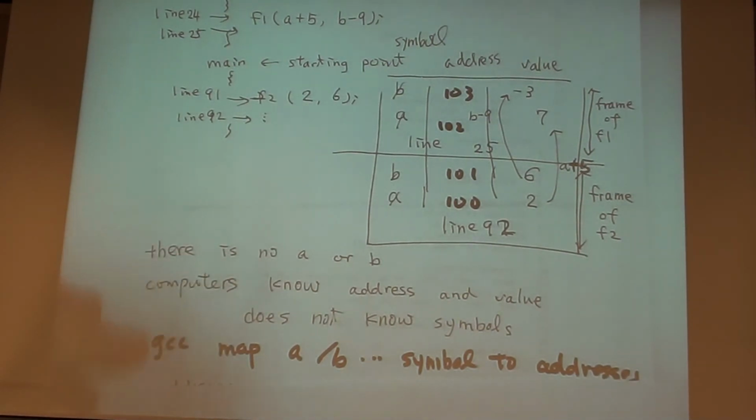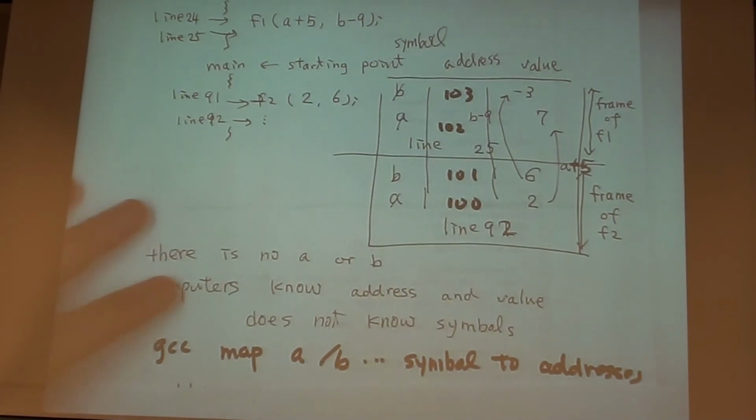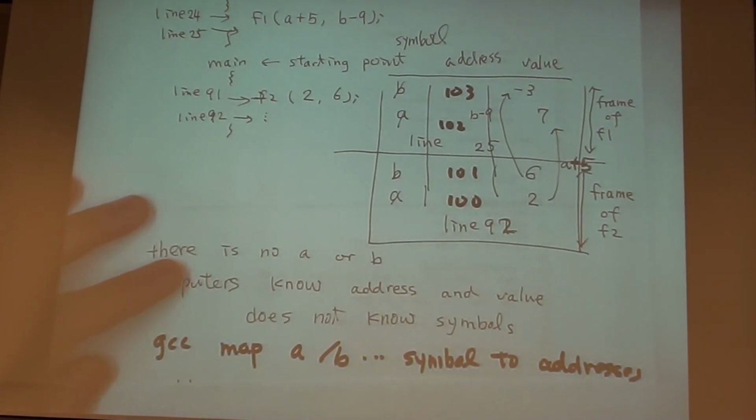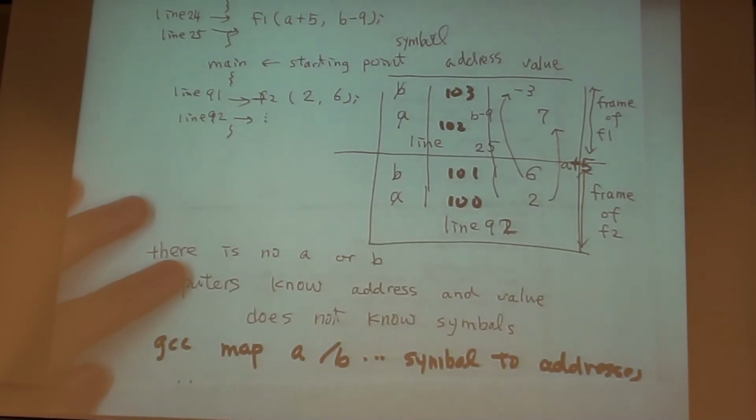Yes, there's a question. Go ahead. Is each function a new frame? So you go to the next function, there will be a new frame. Yes, every time you call a function, a new frame is pushed. Every time a function finishes, that top frame is popped. Always, there's no exception.